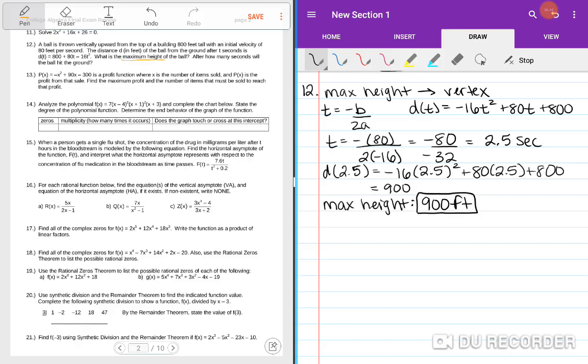The second question says, after how many seconds will the ball hit the ground? So now, after how many seconds will the ball hit the ground?